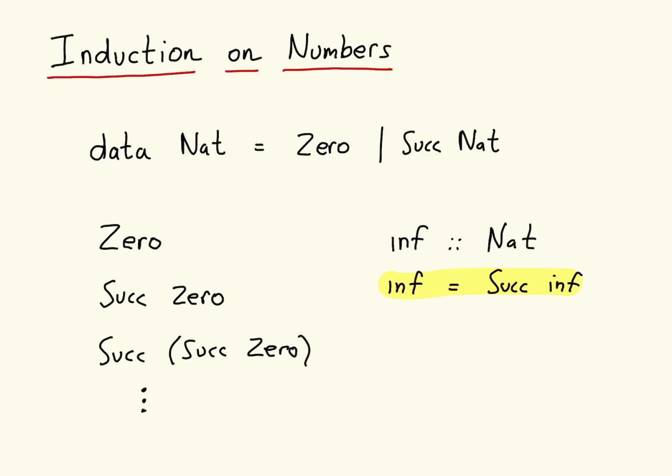This is a perfectly well-defined value in a lazy language like Haskell, but we're not going to be considering this value when we think about induction. So we'll forget about infinity, and we're just going to consider the finite natural numbers, which you can build by starting from Zero and applying the Succ constructor a finite number of times.